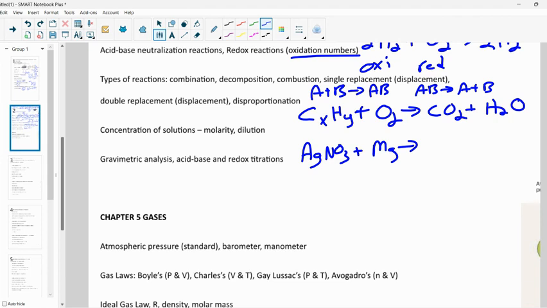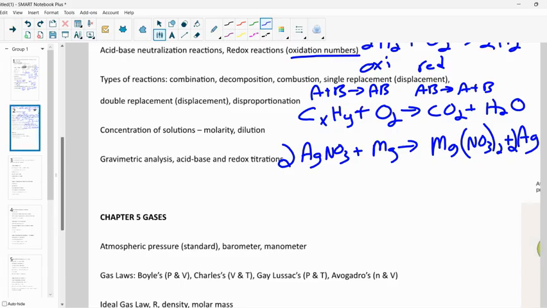Somebody's going to lose electrons, somebody else is going to gain electrons. MgNO3, is that correct? What do I have to factor in? Then I can put a 2 there, 2 there. So that right there is a single replacement reaction.